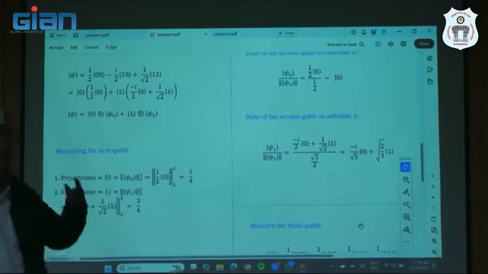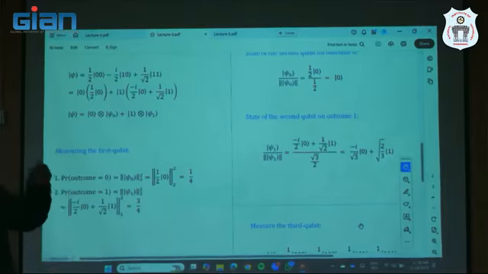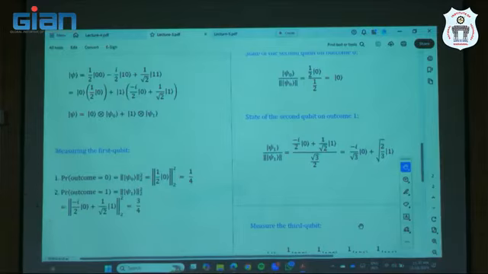Exactly: summation over x of mod alpha x square. Agreed? So here mod i/2 square is 1/4, and 1 over square root 2 square is half, and half plus 1/4 is 3/4. Agreed?